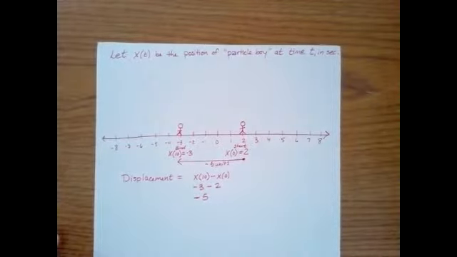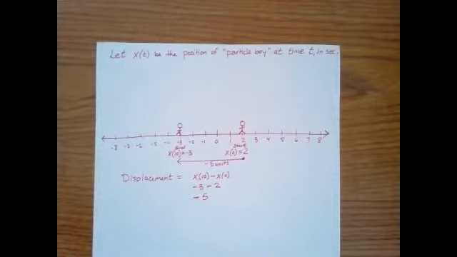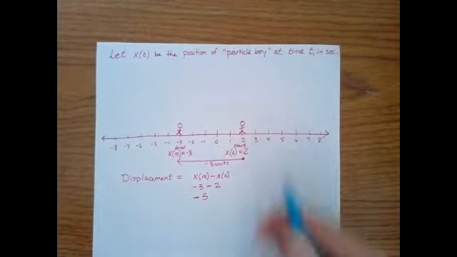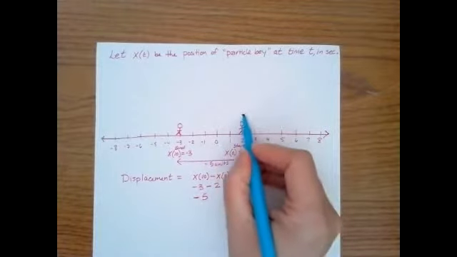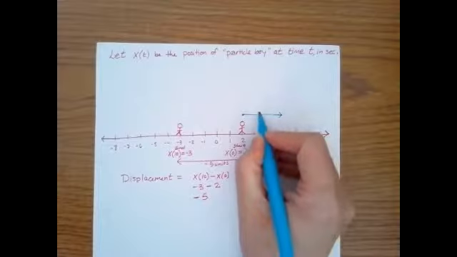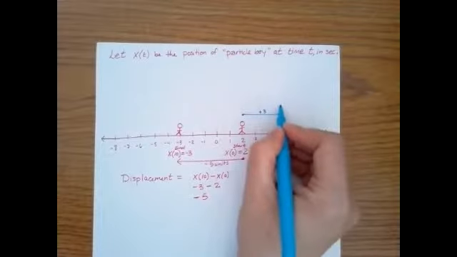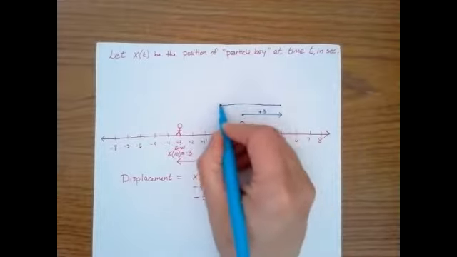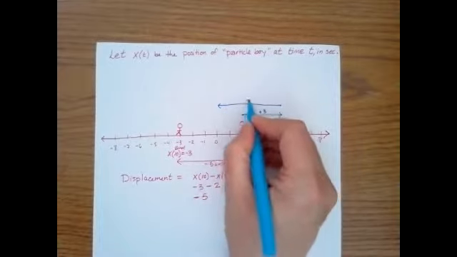Now, it might surprise you to realize that that doesn't mean he traveled 5 units back. He did not necessarily take 5 steps backward. What else might have happened? Well, he might have actually started moving forward. So when he started, he was headed this direction. Maybe he goes 3 units this way, +3. Then he turns around and backs up, comes back to position 0. So he goes back 5 units.